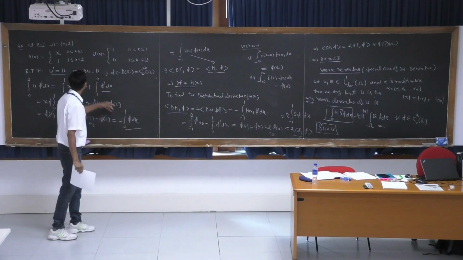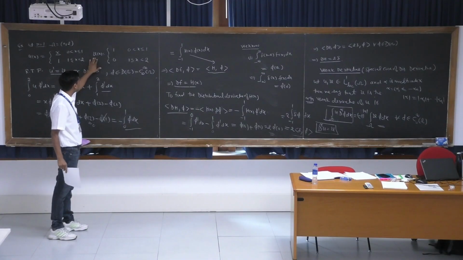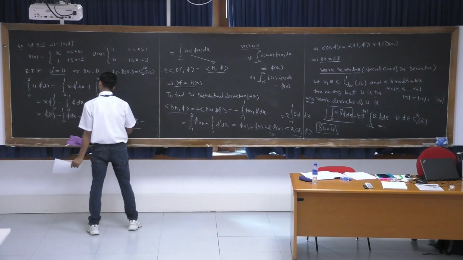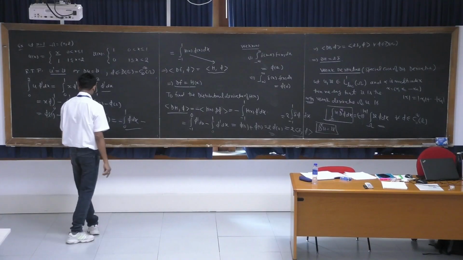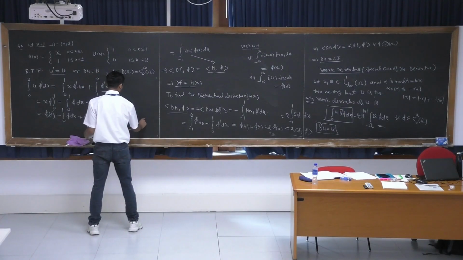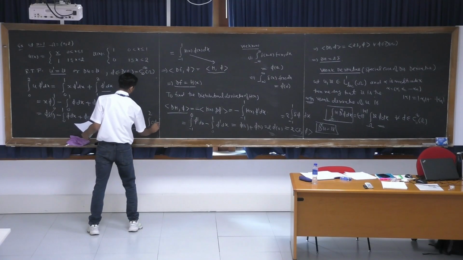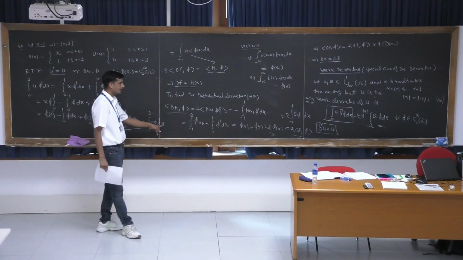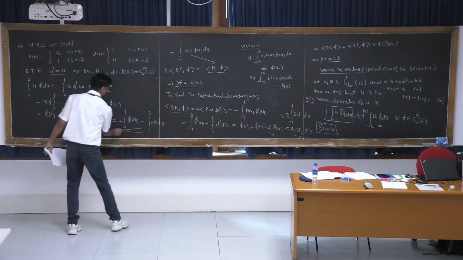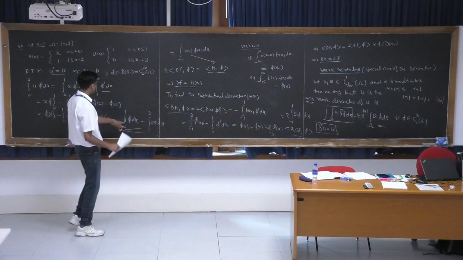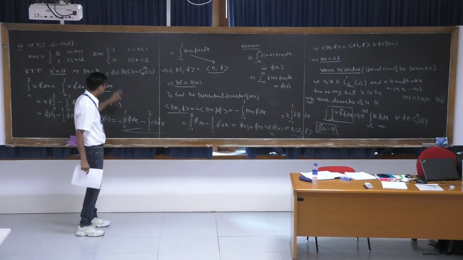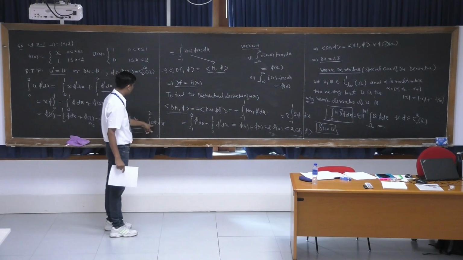I can write this with respect to v also, because of the value of v. I can say plus or minus the integral from 1 to 2 of 0 times phi dx. There is no problem because this is 0. So now you can see from here, here is 1. So this is v from 0 to 1. From 0 to 1 its value is 1, and from 1 to 2 its value is 0.